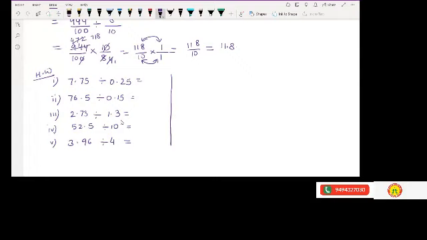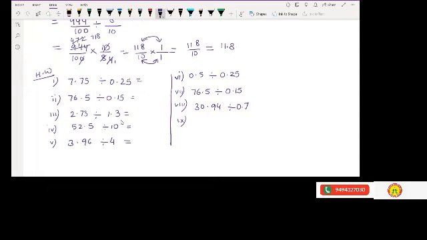Now on the other side I have, please write down with me as I am writing. 6th one I'll give you 0.5 divided by 0.25. 7th one is 76.5 divided by 0.15. Then 8th one is 30.94 divided by 0.7.